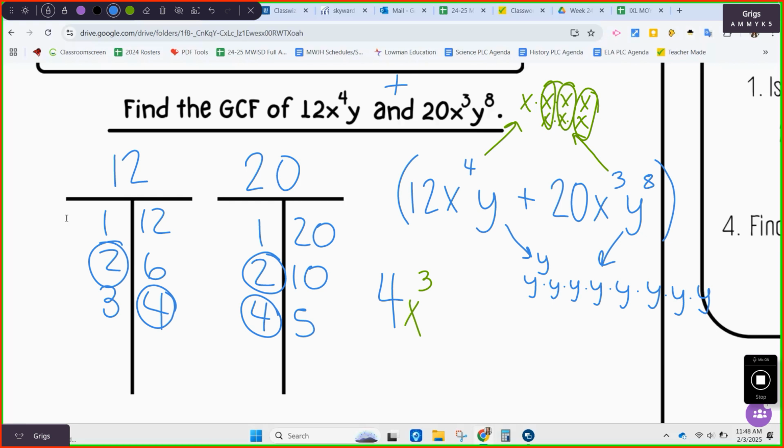Alright, how many y's can I factor out of both terms? Only 1. So our greatest common factor, the one we can divide each term by, is 4x cubed y. Do you agree?